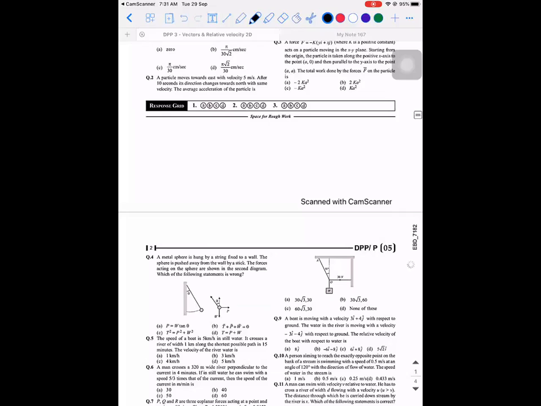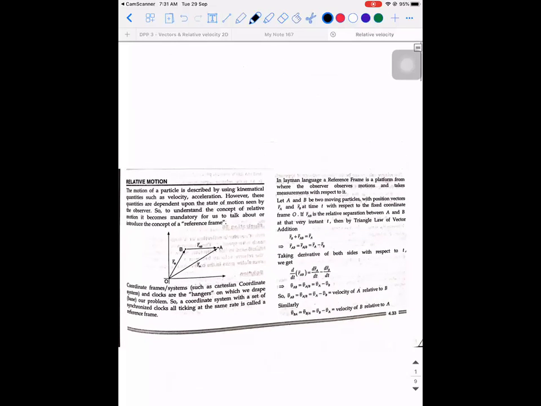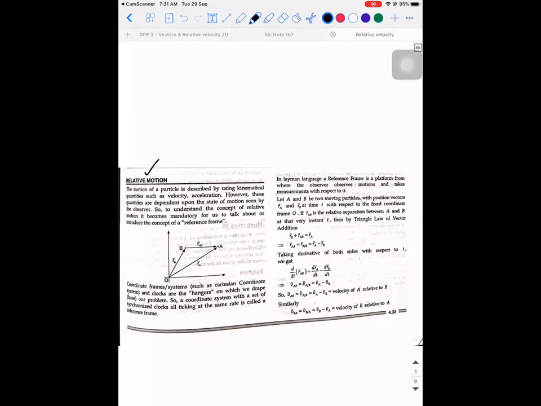Now I'm going to start relative motion. You'll understand why these vectors are important. So what exactly do we mean by relative motion? One body's motion with respect to another. Yes.